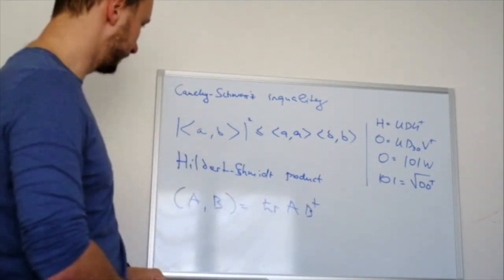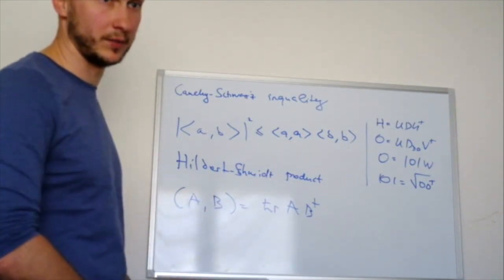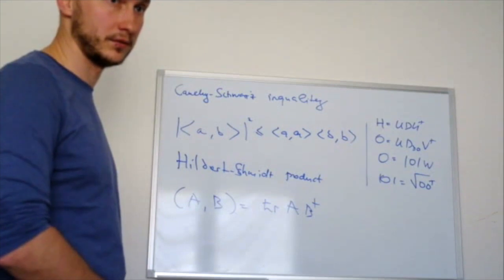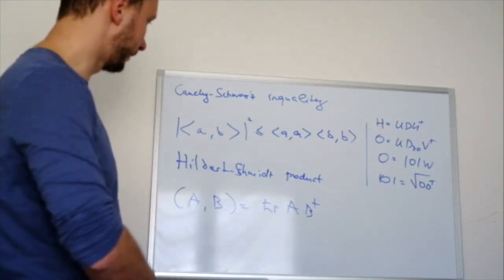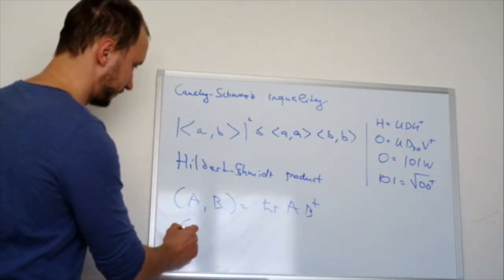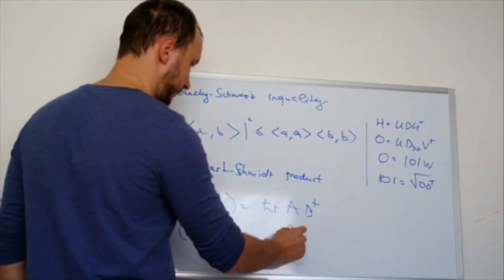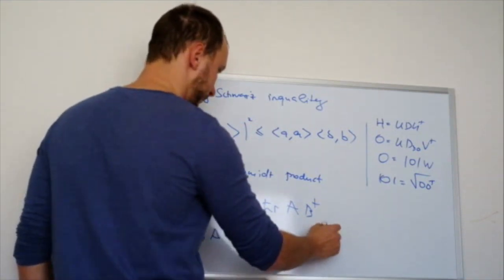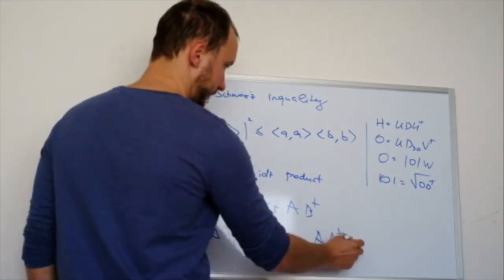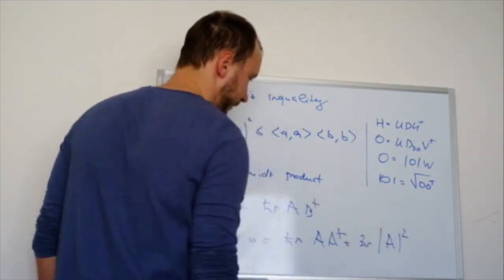Then it also has to be zero only for the zero element. This is for the norm: if this is zero, then this is the trace of A dagger A, which is the trace of the absolute value of A squared.